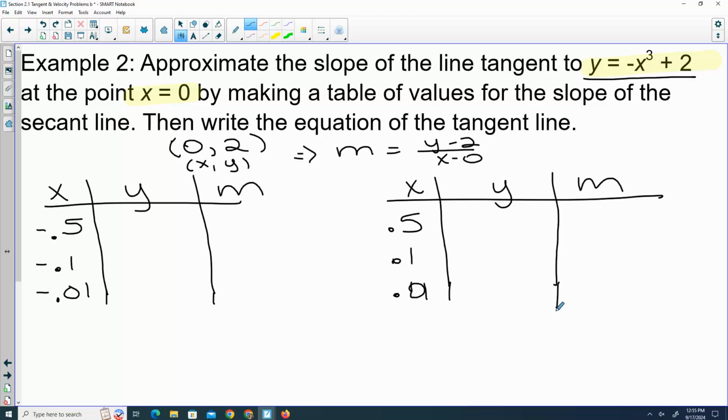How will I get all of my y values? I have to plug them into the equation. So if x is negative 0.5, I have the opposite of negative 0.5 to the third plus 2. Does everybody do these calculations with me here so we know if anyone's having trouble?